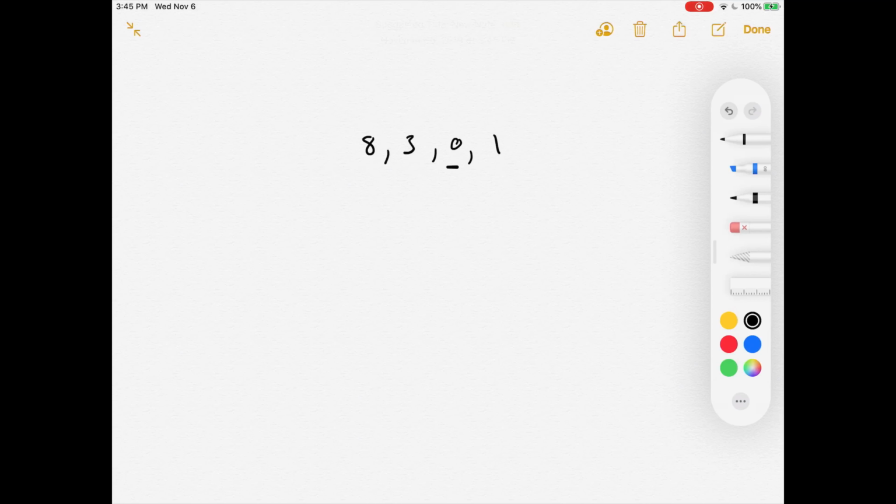So right now there's only one number to the right of it, so the buy price would be 0 and the sell price would be 1, giving us a profit of 1. But we could also imagine a scenario where the next number is like a 5. In that case, the max profit would not be this. It would be if you bought at 0 and if you sold at 5.